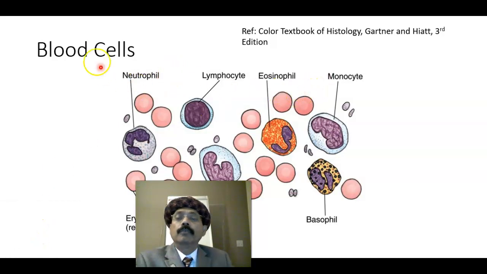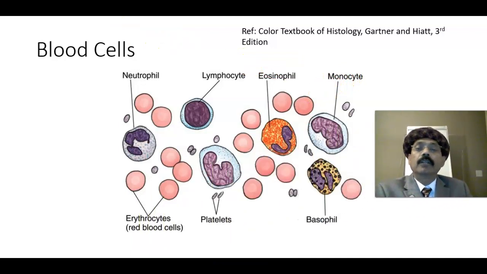Okay, so if we look at the blood cells, these are the RBCs or erythrocytes or red blood cells. These other cells are called white blood cells or WBC, and these small fragments of cell are called the platelets.